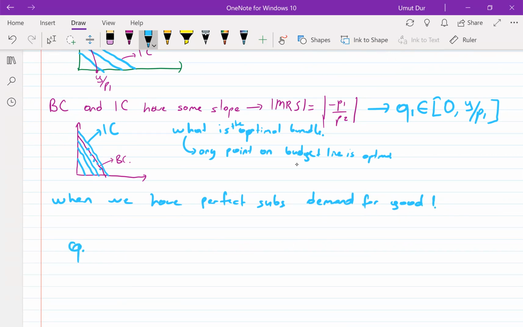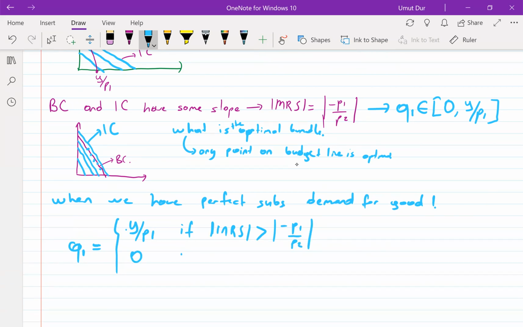Q1 is equal to, so we have a step function here, y over p1 if MRS is greater than the ratio of the prices.